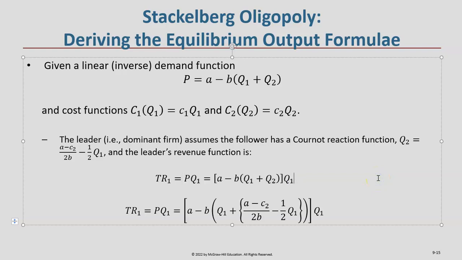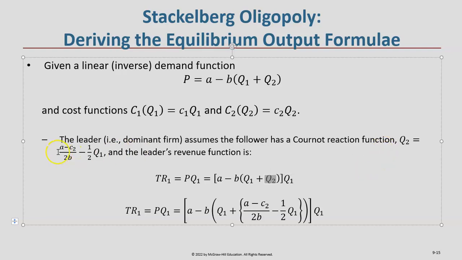But now, instead of not thinking too much about the output decision of the rival, we are going to think that the rival will react to what we do, where we are the price leader, the dominant firm.